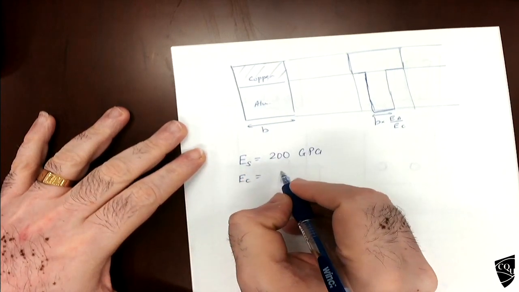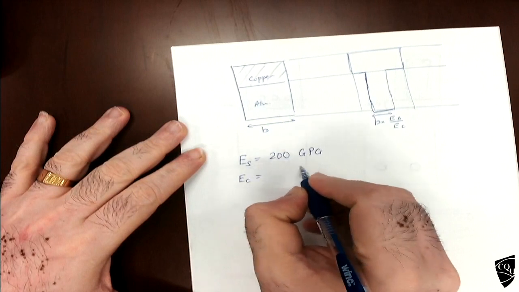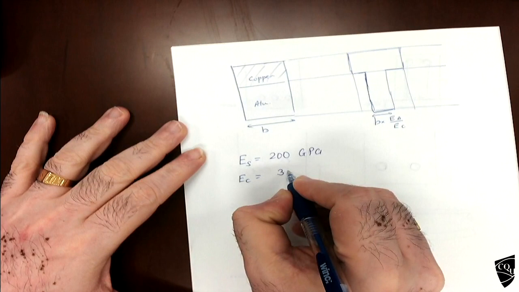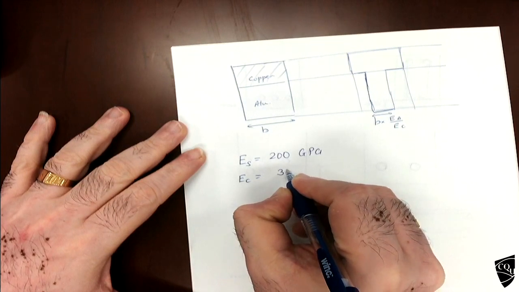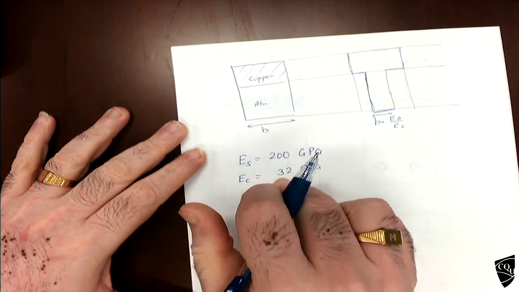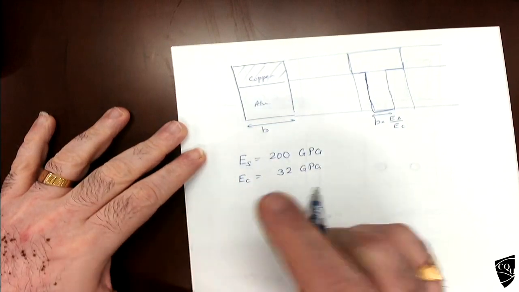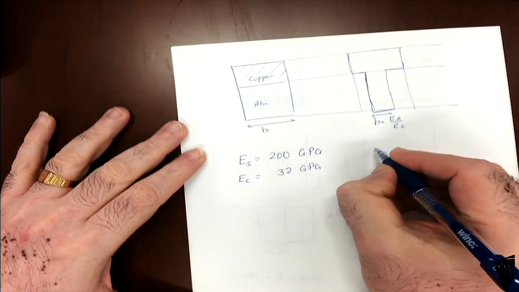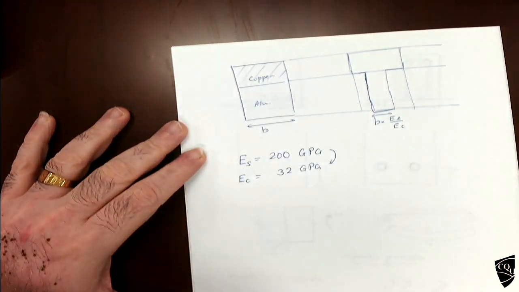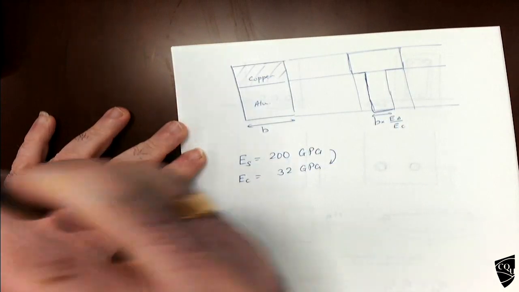For example, I just take 32 gigapascal. If we replace the steel with concrete, we need more concrete. How much?